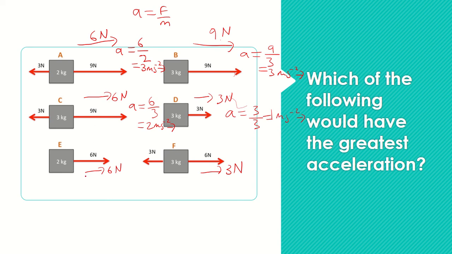This one would be a 6, so acceleration would be the force applied, which is 6 newtons, over the mass, which is 2, so it would be 3 meters per second squared to the right. And this final one, acceleration is the net force applied, remember, which is 3 over 3, which is 1 meter per second squared to the right.